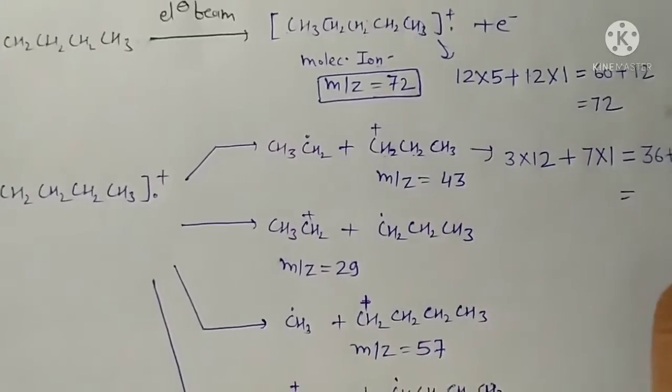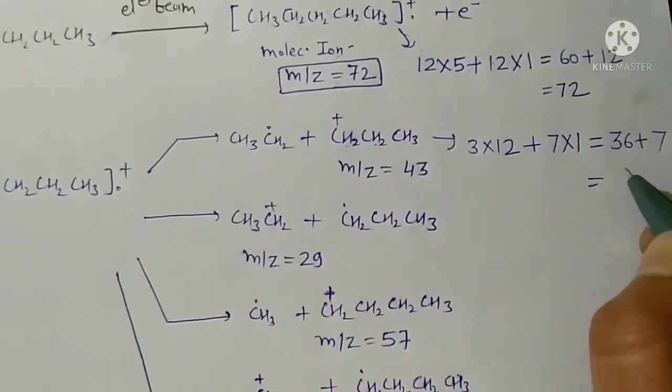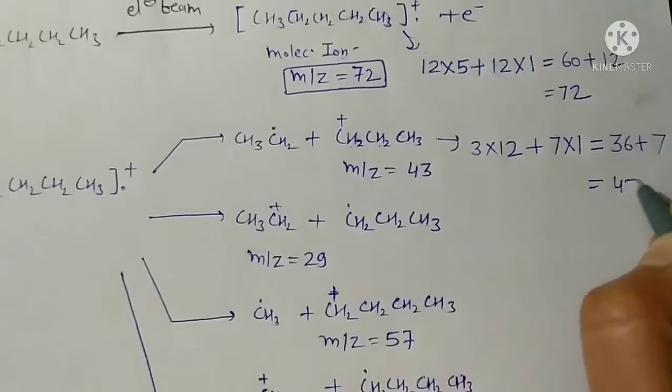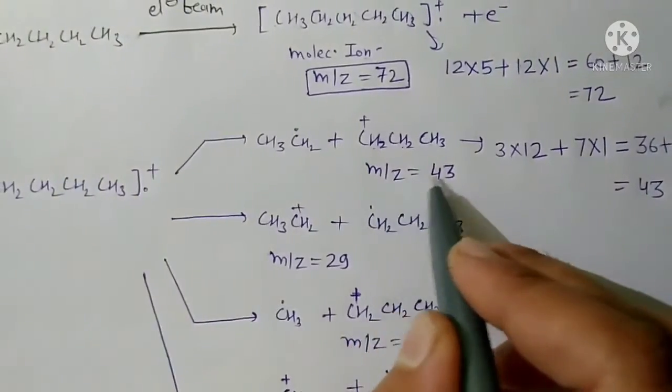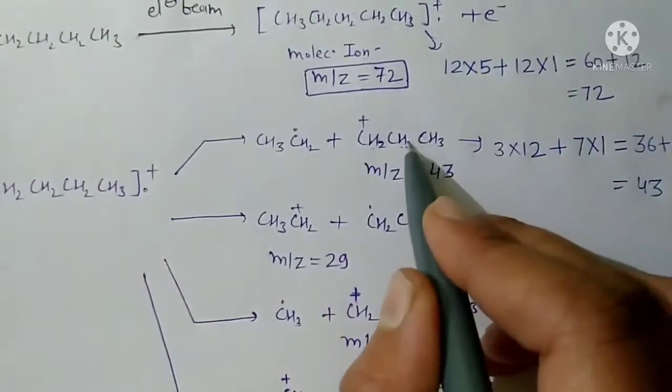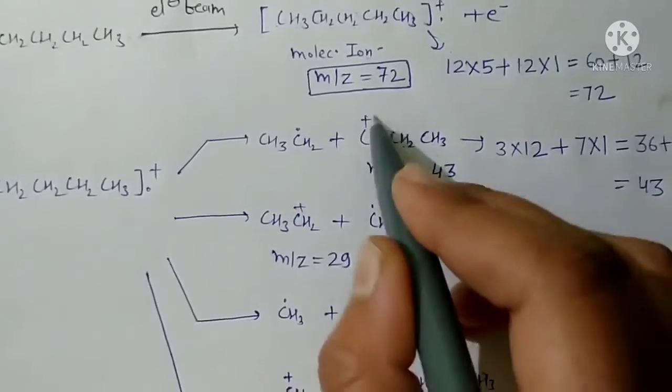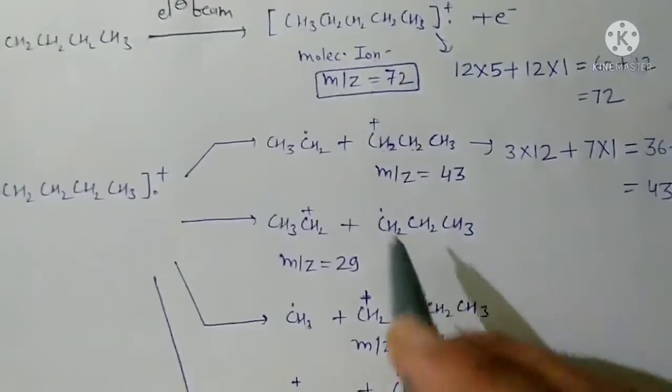So if we add 36 plus 7, we find 43. So your m/z value for the CH2 CH2 CH3 ion is 43.